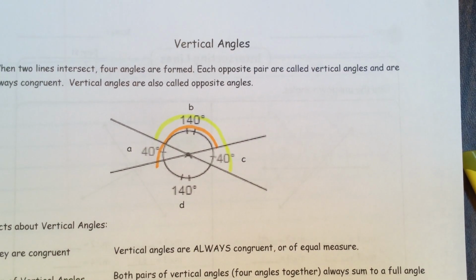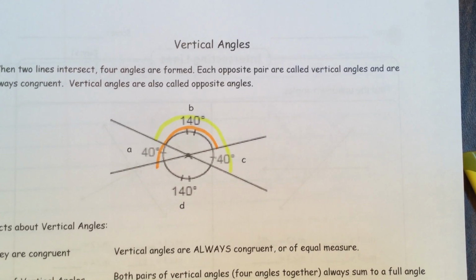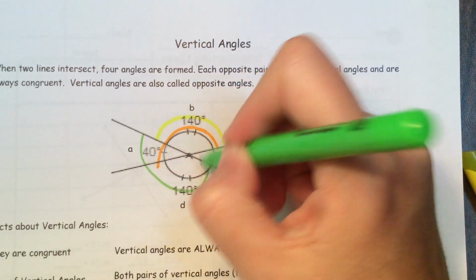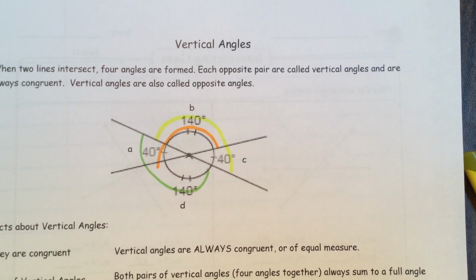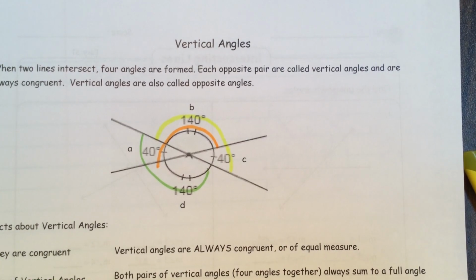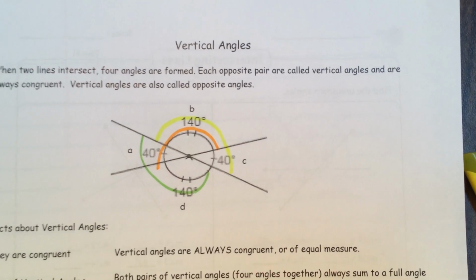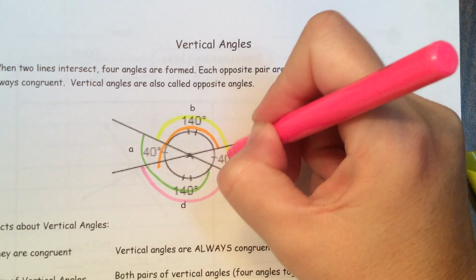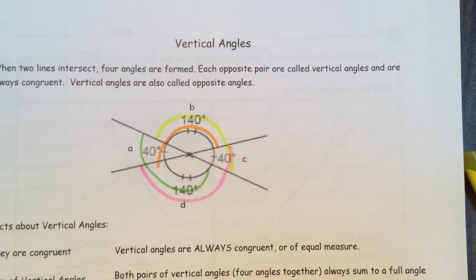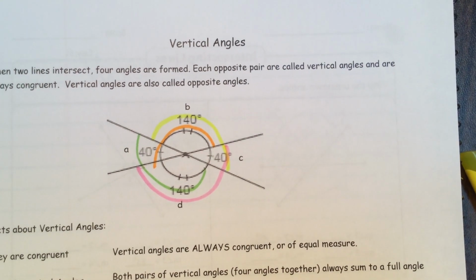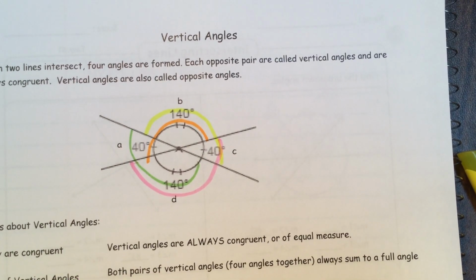Every pair behaves like that. It doesn't matter which pair you pick, they're always going to be supplementary. And so that's really helpful with these because it doesn't matter how you look at it, you find four pairs of supplementary angles.